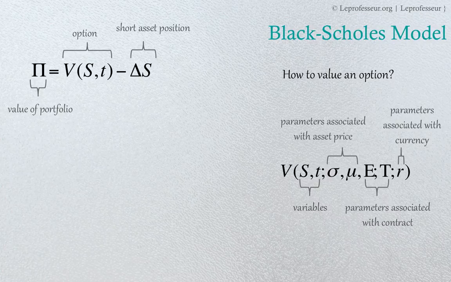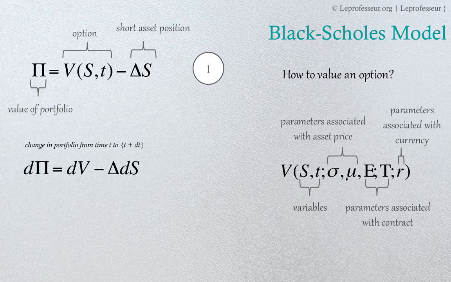If we take the derivative of this equation 1, we can find the change in portfolio value from time t to t plus dt, and that gives us this equation: d pi equals dV minus delta dS. Notice here, in dS, we don't know the future price. Let's call it equation 2.